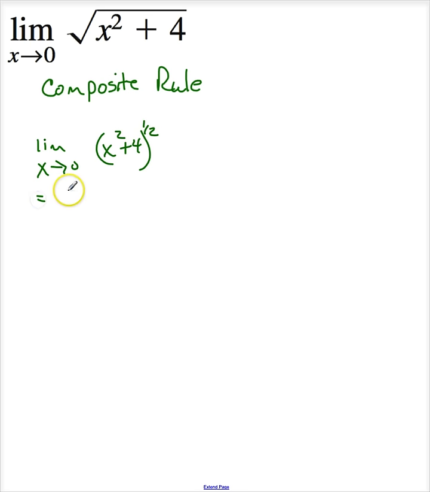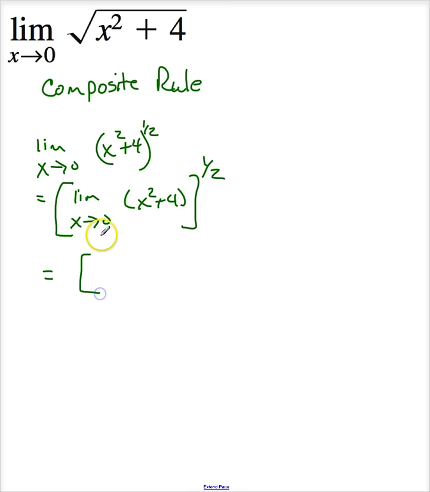And then say this is the square root of the limit as x approaches 0 of x squared plus 4, to the 1/2. And so this is 4 to the 1/2, or 2.